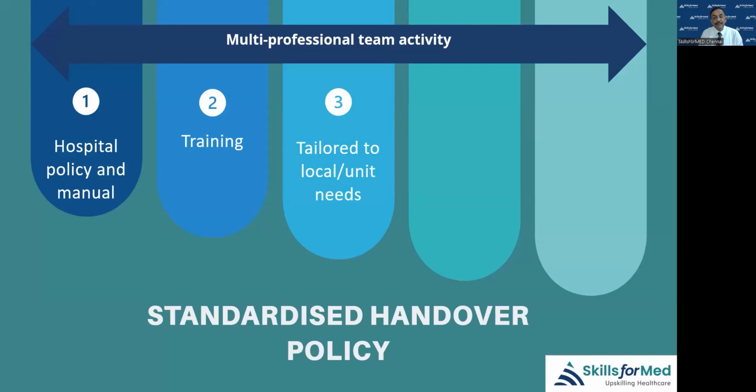And while using the guidelines, feel free to tailor them to the local unit and needs. For example, the handover which happens in the emergency is totally different from the ICU, and that is totally different from what happens in the wards, because that is the nature of the work in each of these departments. So not only do you tailor it to your hospital, each unit has to tailor their handing over according to their priorities.